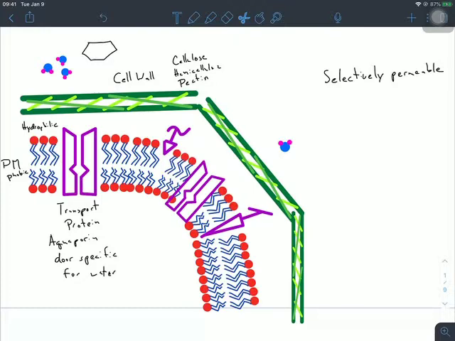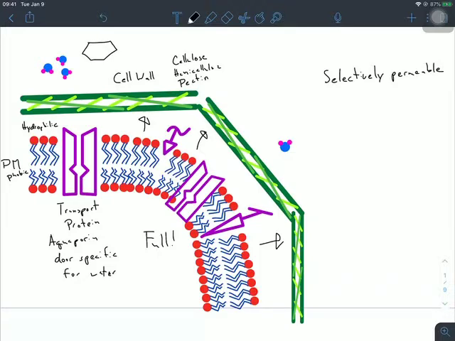Now, as water is moving around, it's going to actually change the structure of the membrane itself. When the membrane is full of water, it actually gets pressed up against the cell wall.